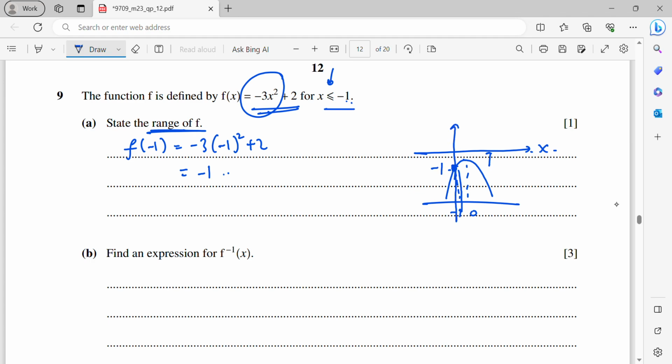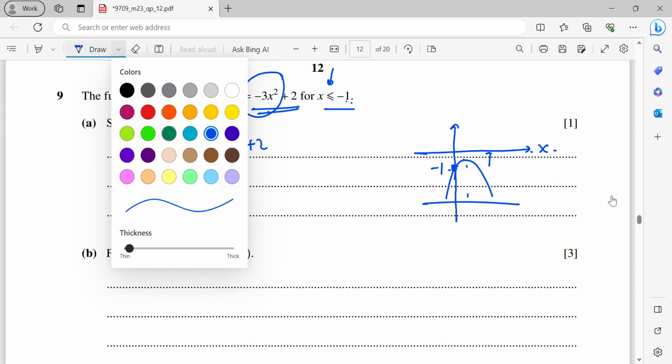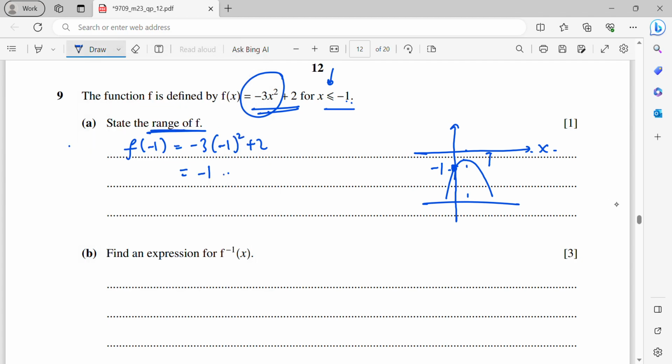Here is -1. Right? Therefore, according to this, then you will be getting the range. Range is the possible y values. Right? So my graph is not correct. This is going to be 0. Okay, then you plus. It's supposed to be like this.